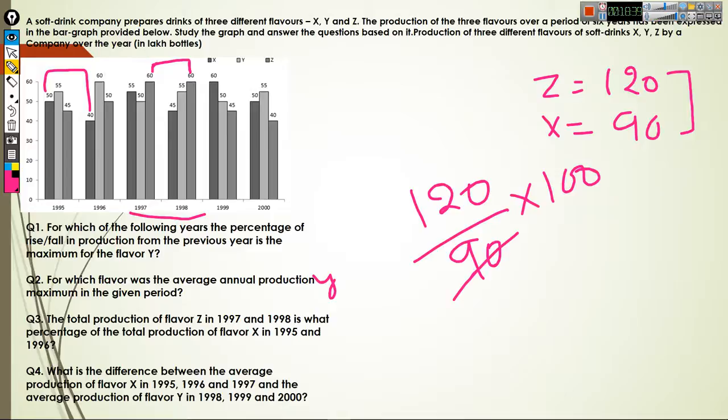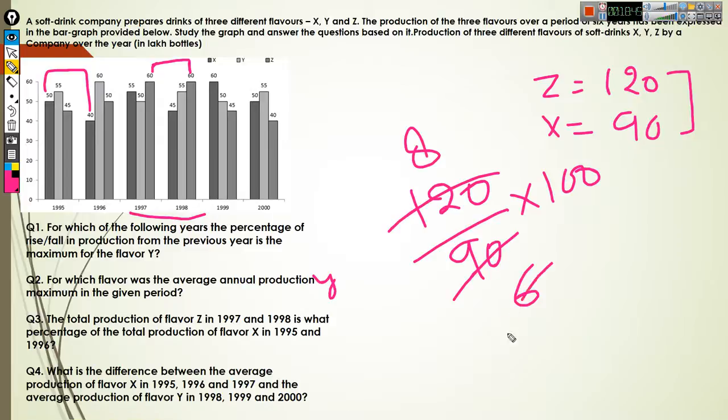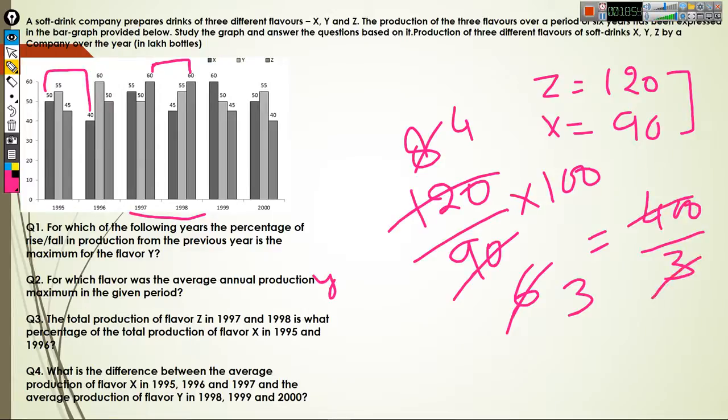Okay, 15 6s are 90, 15 8s are 120, 2 3s are 6, 2 4s are 8, so 400 divided by 3. 3 1s are 3, 1 4, 3 3s are 9, again 3 3s are 9. So it is approximately 133%.